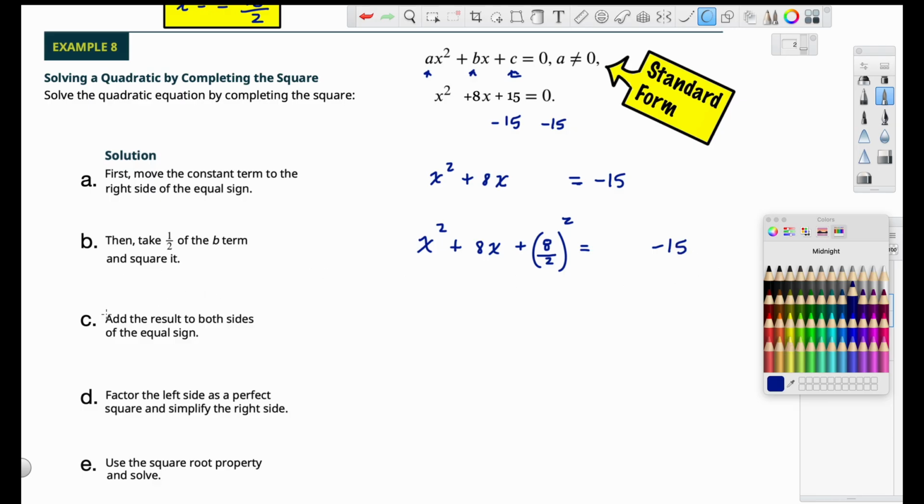Okay, so part c, add the result to both sides. If I add something to one side of an equation, I have to add it to the other side. All right, so let's simplify this now. I've got x squared plus 8x plus, okay, 8 divided by 2 is 4, and 4 squared is 16.